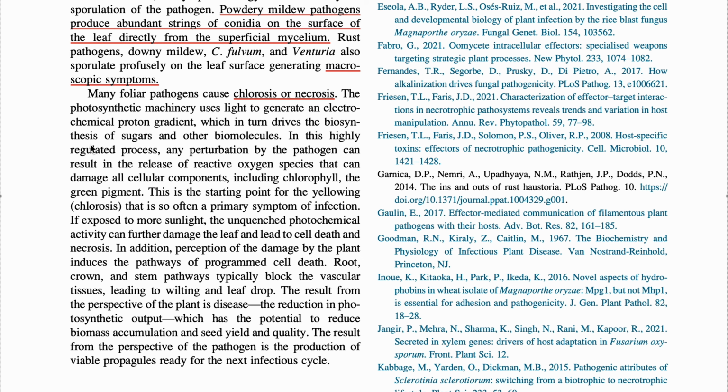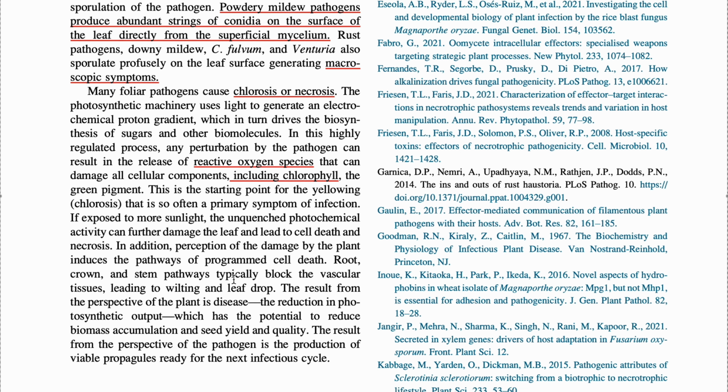In this highly regulated process, any perturbation by the pathogen can result in the release of ROS, that is reactive oxygen species, that can damage all cellular components including chlorophyll. And if the chlorophyll is damaged, we will get to see chlorosis, means yellowing, right? Okay, this is the starting point of yellowing, chlorosis. Okay, that is so often a primary symptom of infection.